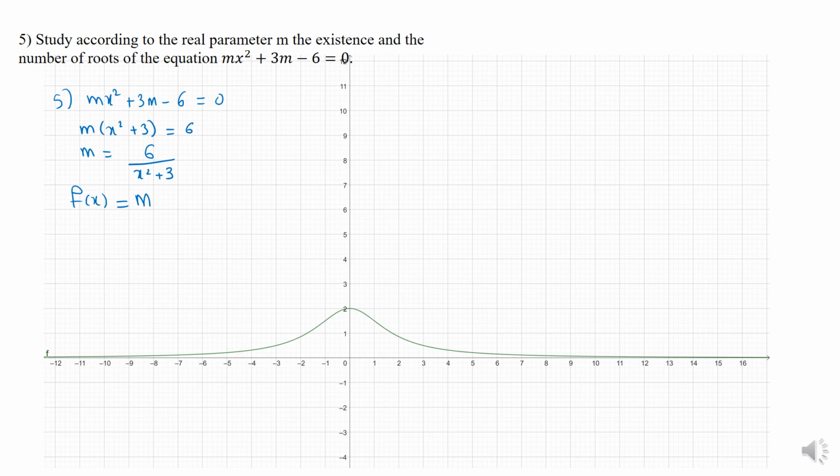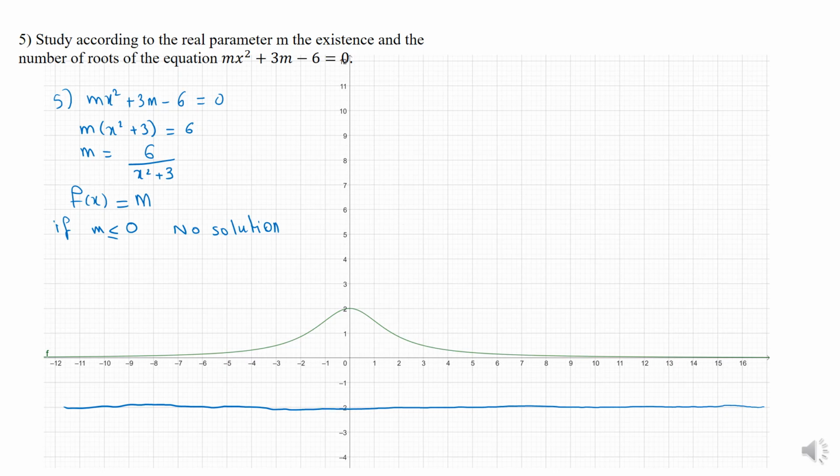If m is a straight line, if m is a value less than 0, this means there is no intersection between the curve and m. So if m is less than or equal to 0, we have no solution.